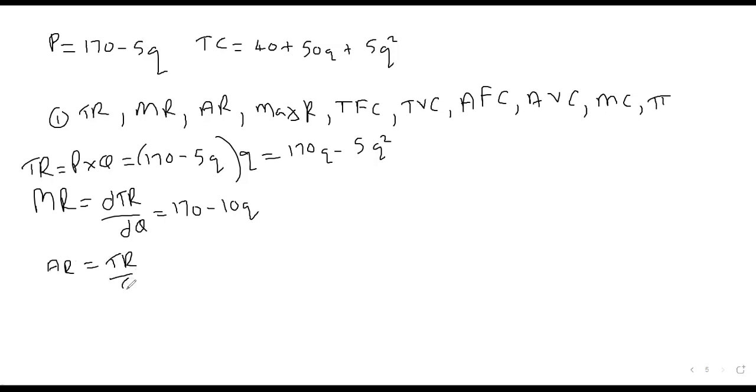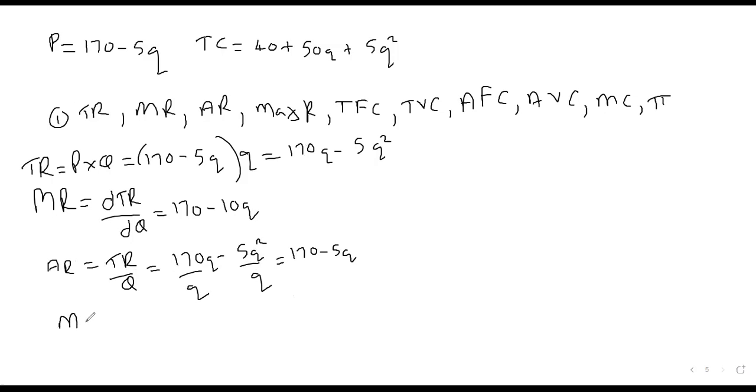Quantity. And in this case, our total revenue was what? 170Q minus 5Q squared. So we divide individually, Q over Q. So what do we get? We're going to have 170 minus what? 5Q. So this is how we find our average revenue.